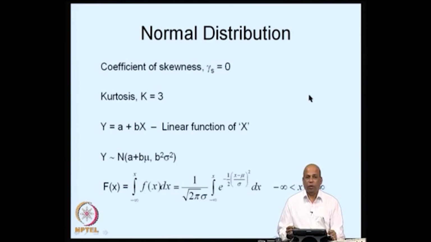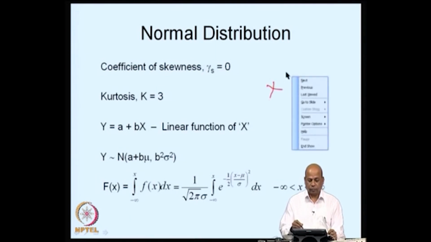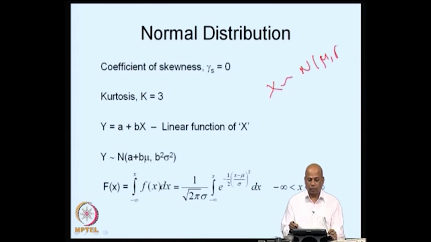But a useful result of the normal distribution is that if x is normally distributed with mu and sigma square, and we define a linear function on x, y equal to a plus b x, then y is also normally distributed.